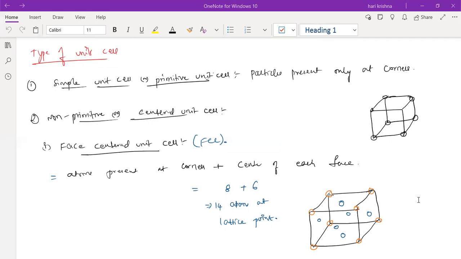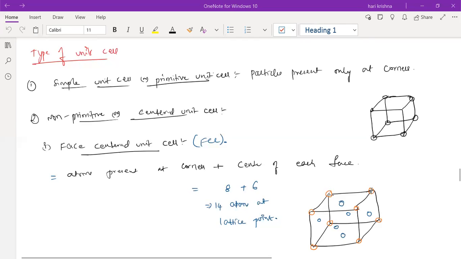In the corners, particles will be present, and on the faces also particles will be present. Very good. So when you take the face centered unit cell, we have particles at the corners as well as at the center of each face. So 8 corners and a total of 6 faces. At the center of each of the 6 faces there will be 1 lattice point. So a total of 14 lattice points will be there in the face centered.